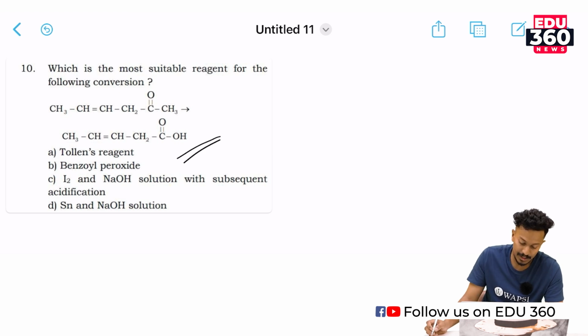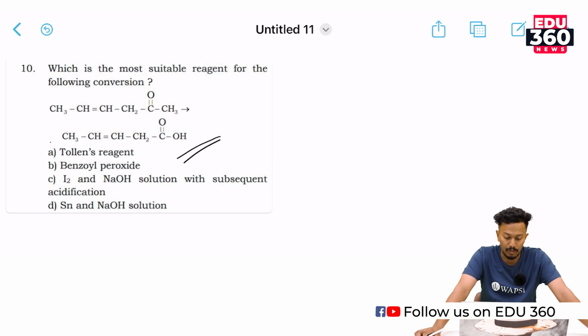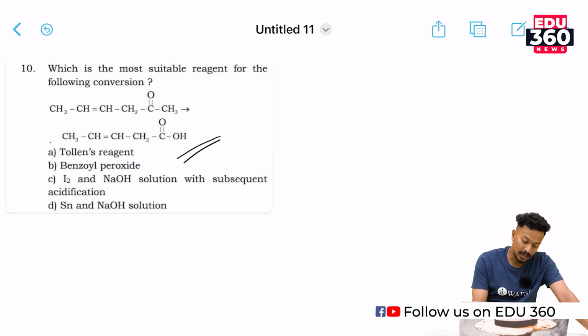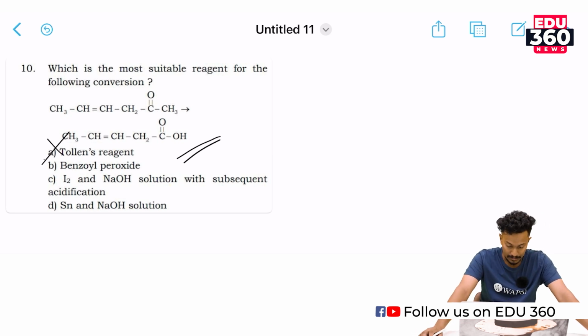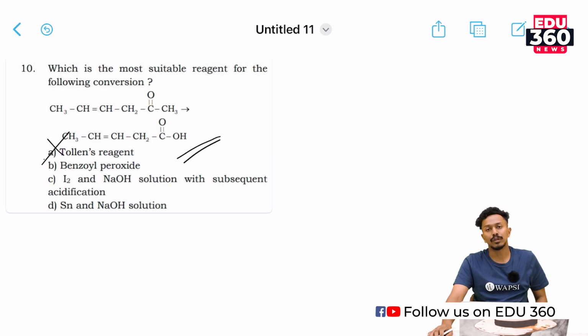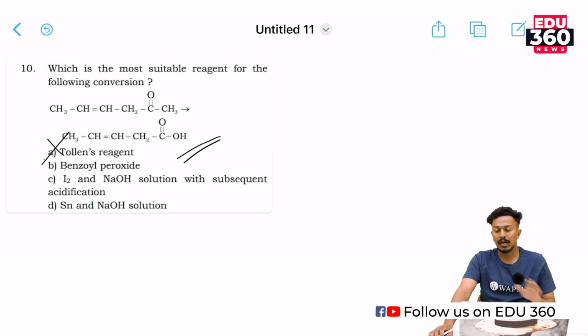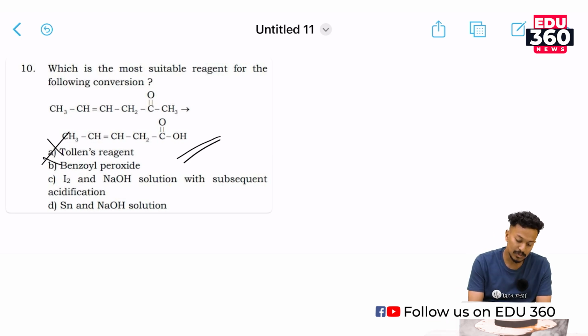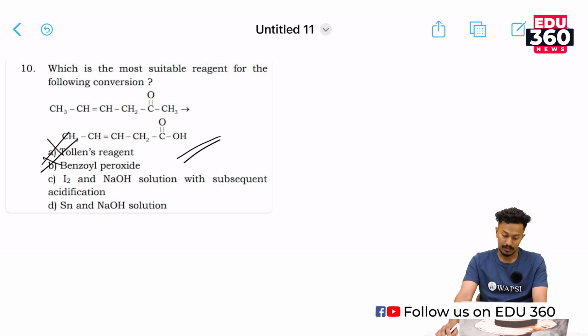So here we must try the 4 options. Tollens reagent is something we use to distinguish between an aldehyde and a ketone, so Tollens reagent is not the option. Benzoyl peroxide, we do not use such reagents in the conversion of a carbonyl compound to a carboxylic acid, so it is not the correct answer.